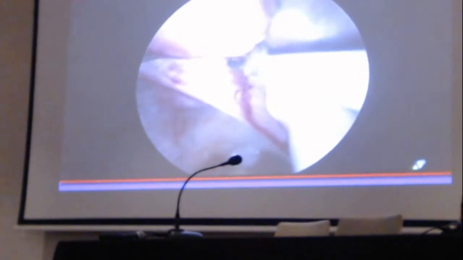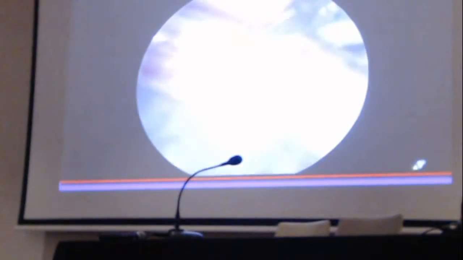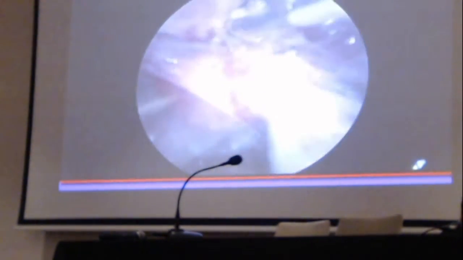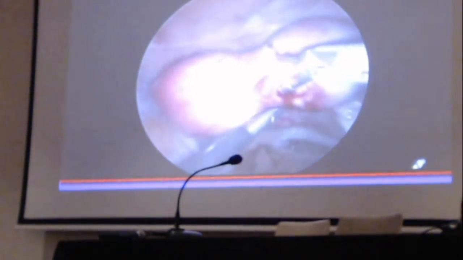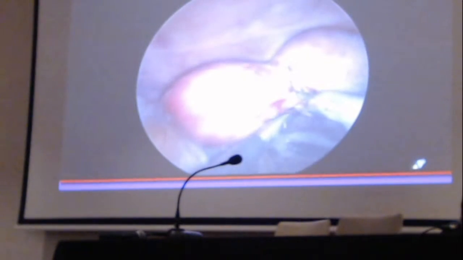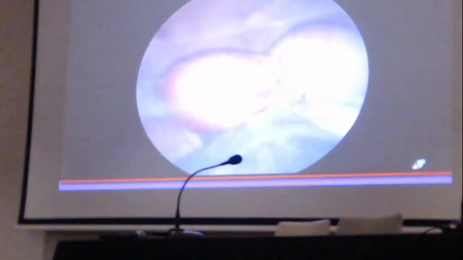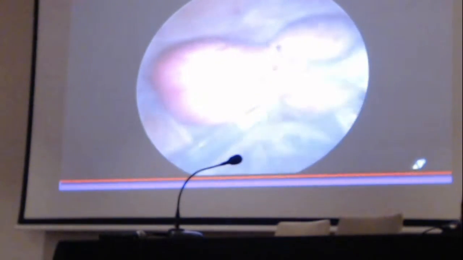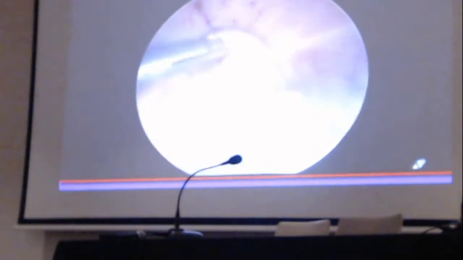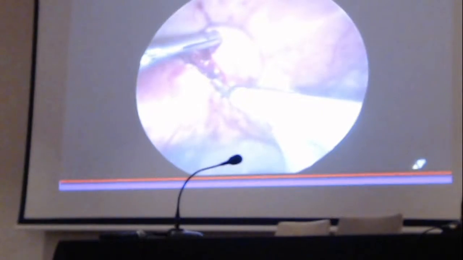And this was done. So you can diagnose them just as well. And the good thing with the imaging, you can tell if the horns are close together or not, and what to expect there. So this was done with a harmonic scalpel, and then we repaired the uterus.